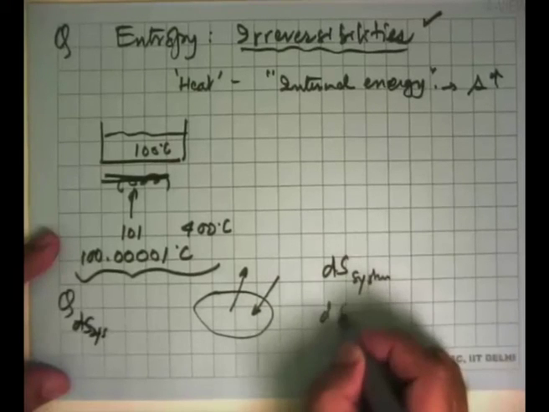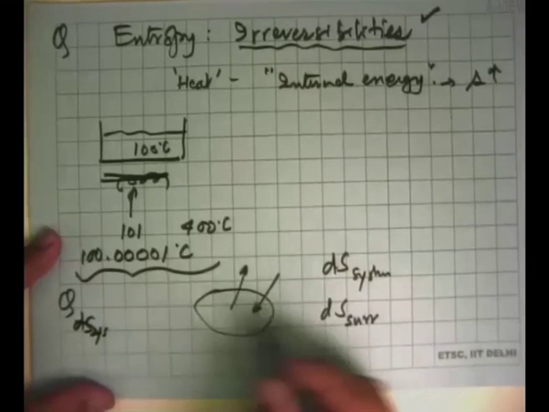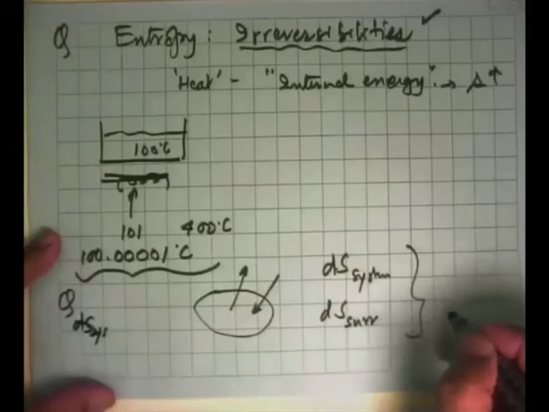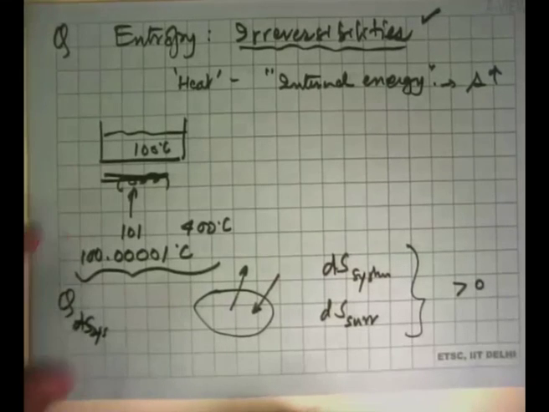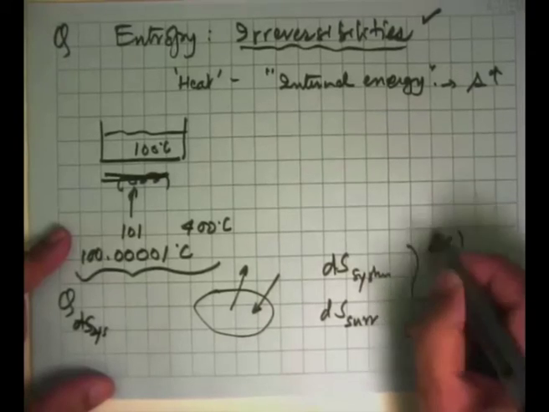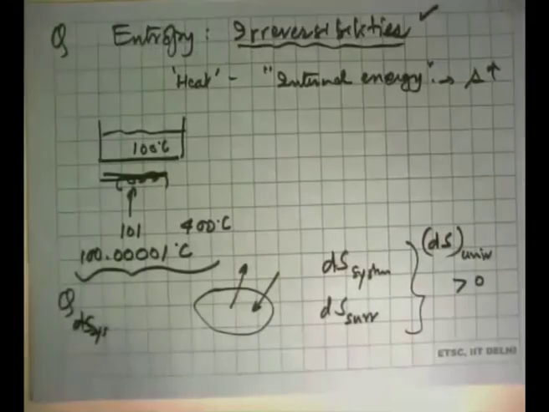Then we calculated ds of the surroundings, and we found that in one case the temperature is more than the other temperature, so the sum of these is always greater than 0. So that's what we are saying: the change of entropy of the universe, meaning everything put together, was increasing. By doing irreversibilities, we are adding heat to the surroundings.